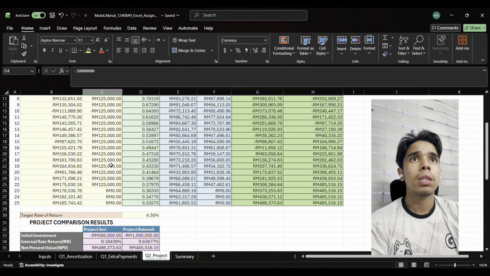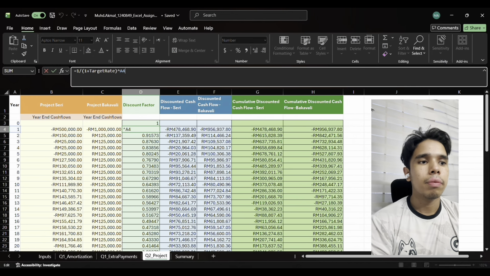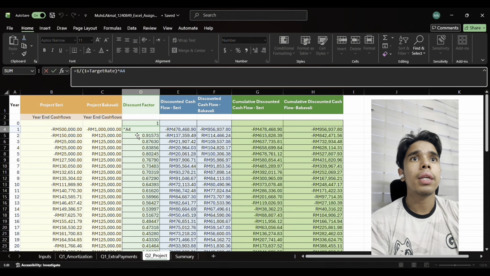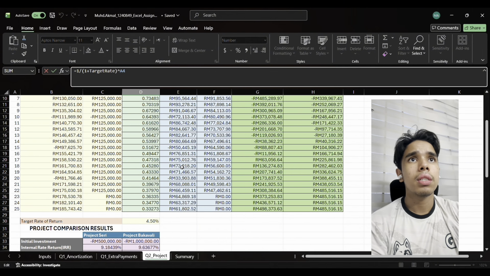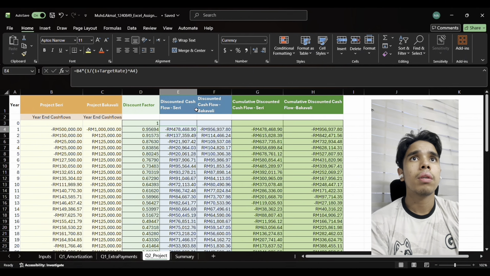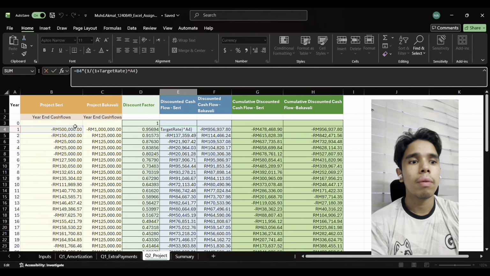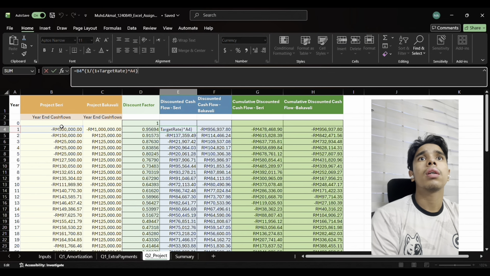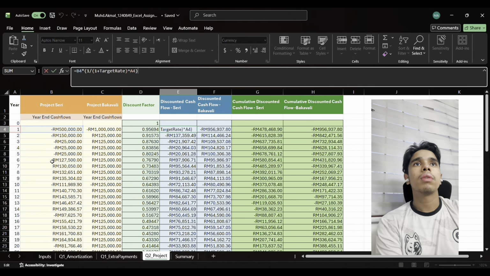For the discount factor, I use this formula, and the target rate, the question gives us 4.5%. And for the present value, the discounted cash flow for Seri, we just multiply the discount factor with the cash flow of the first year.